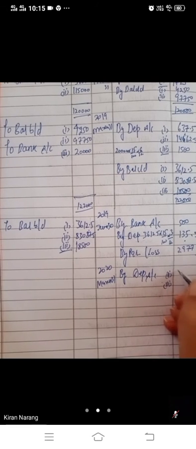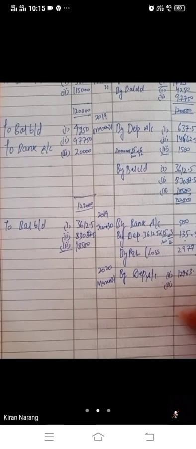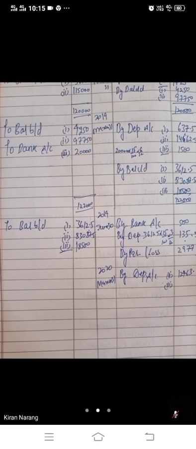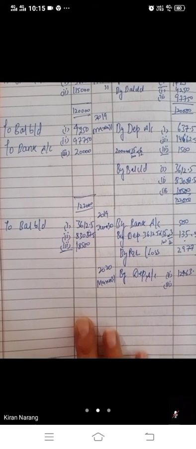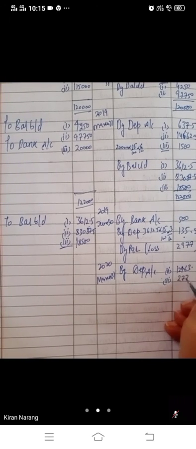It will be 12463. Now on this third machine full year's depreciation will be charged now this time. On 18500 15% will be charged and this will be 2775.